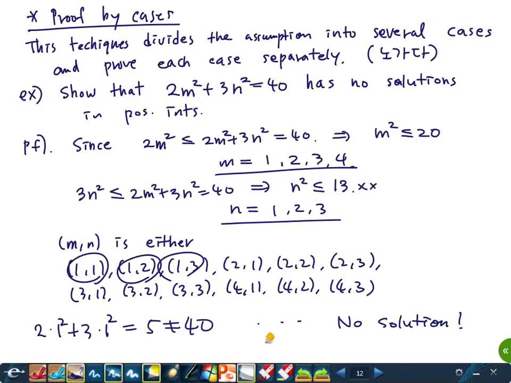So this kind of proof is called proof by cases. All right? So it may look a little not very clever, but still it's a proof.